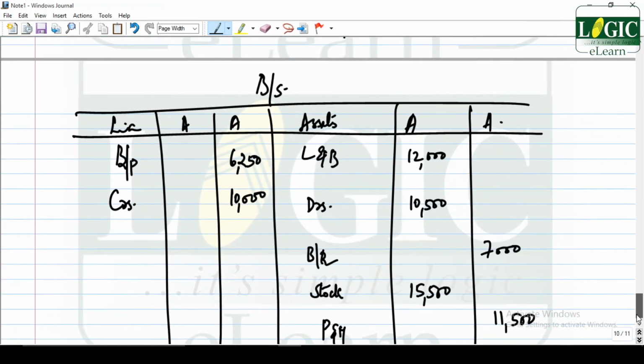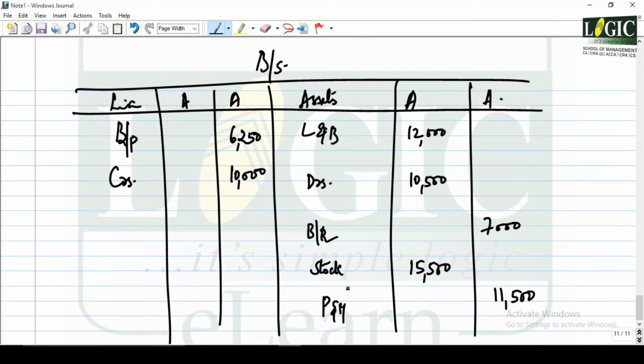Stock was depreciated by 10%. So less depreciation. How much is the depreciation? 15,500 means 1,550. So 15,500 minus 1,550 is 13,950.